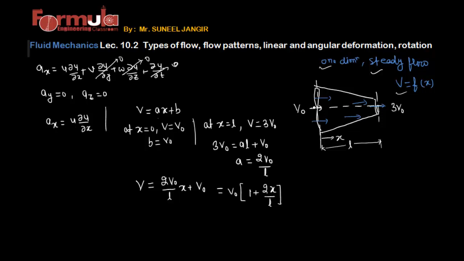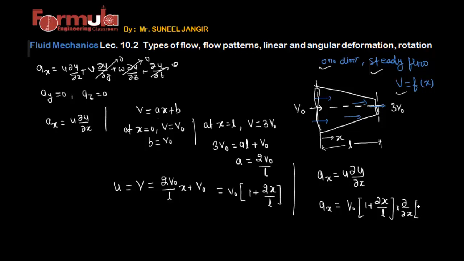Here u is the velocity in the x direction only, which we are defining as V. So u is some function of x, and I can write ax equals, first, u is V naught (1 plus 2x divided by L), multiplied by the partial derivative of this velocity with respect to x.